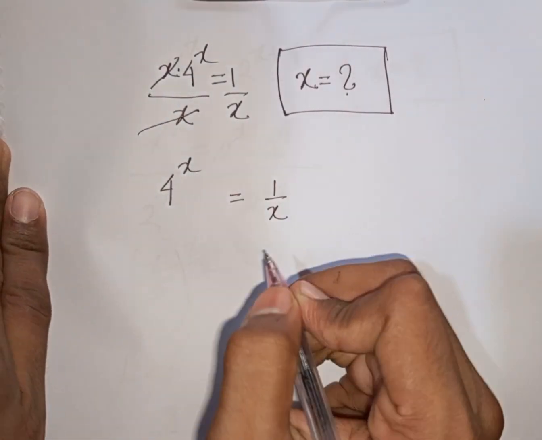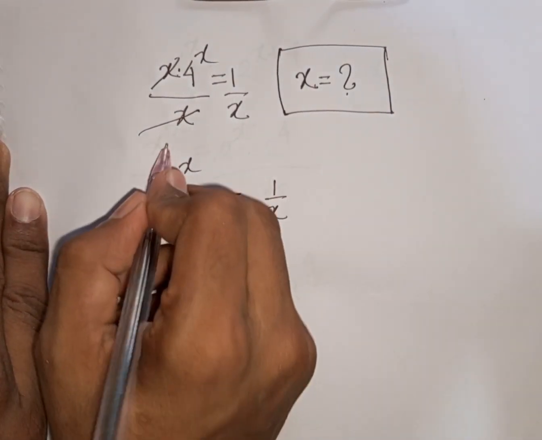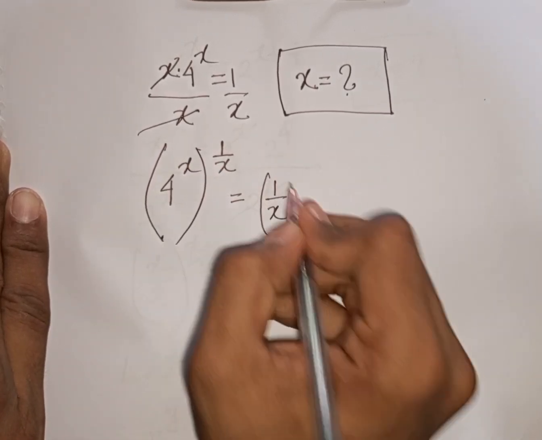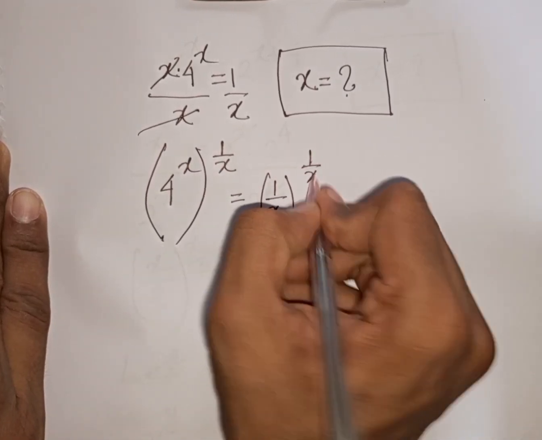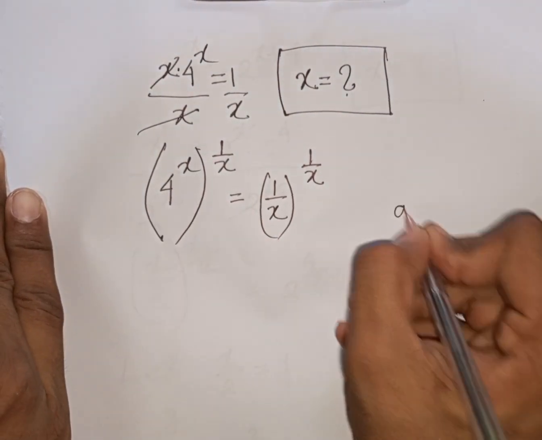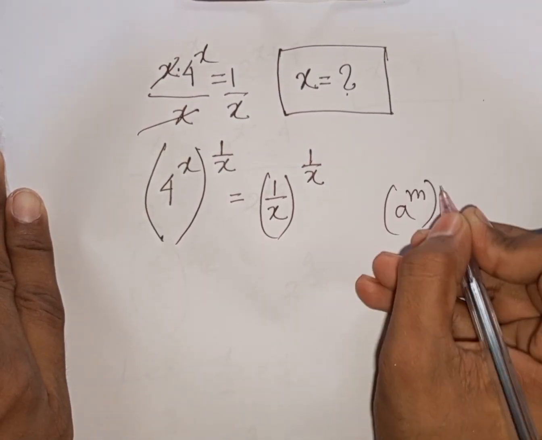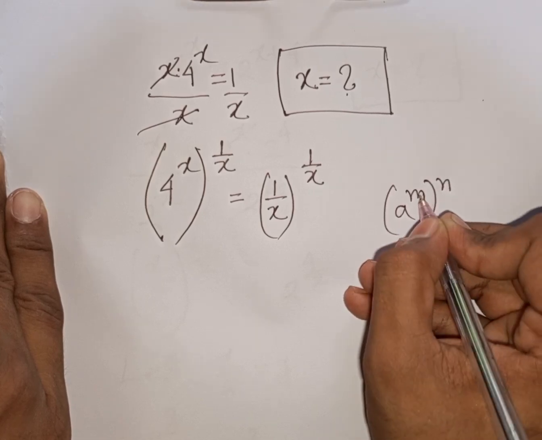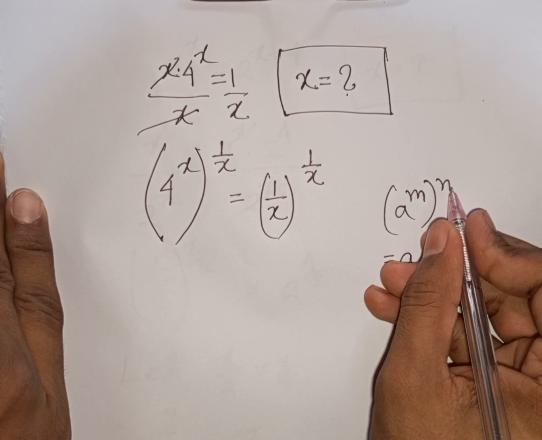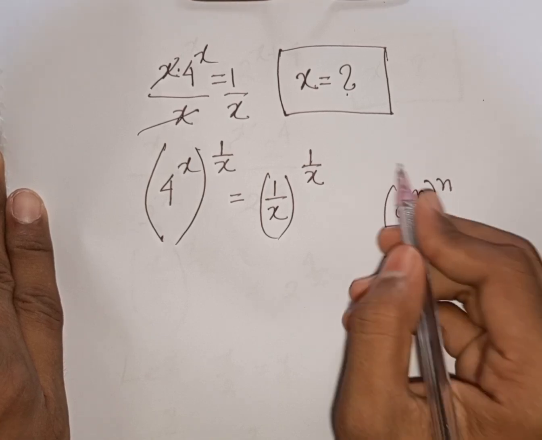Now we raise both sides to the power of 1 by x. Now here I can apply this exponential rule that (a^m)^n is equal to a to the power of m times n, that means mn.